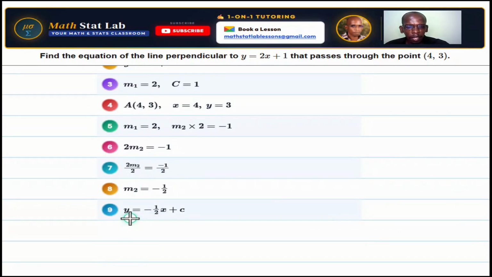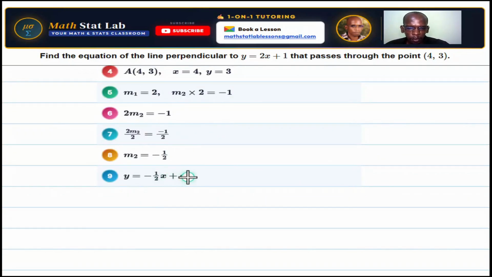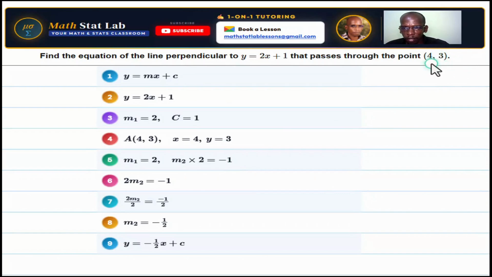Now it becomes y = -1/2 x + c, because as it stands, we don't have the y-intercept of our line. The next step is to find this intercept so that the equation of the new line can be complete. To do so, I take the variables I was given, x1 and y1, where x was equal to 4 and y was equal to 3.